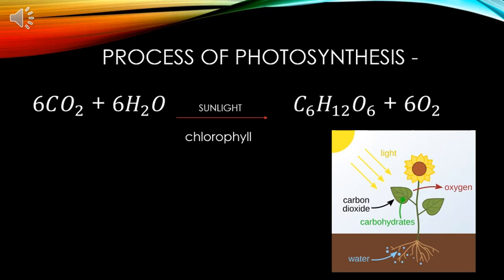Or you can take an example, if the plant has taken 2 molecules of CO2, then it's also releasing 2 molecules of oxygen, then the balance has been created. Photosynthesis maintains the balance between oxygen and carbon dioxide in the air. That's why photosynthesis is very important.